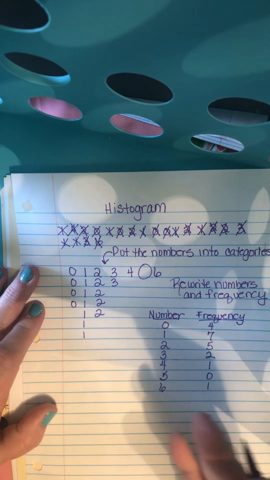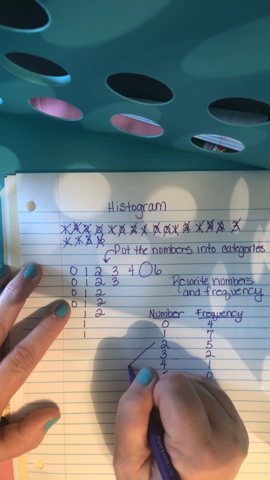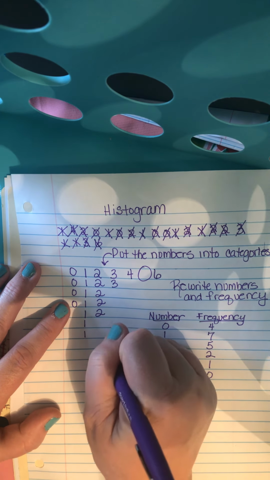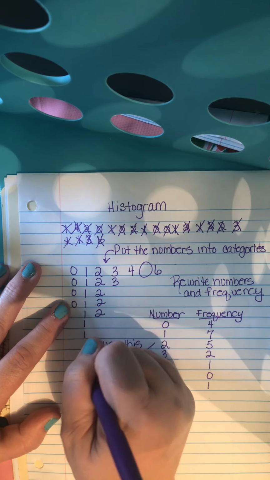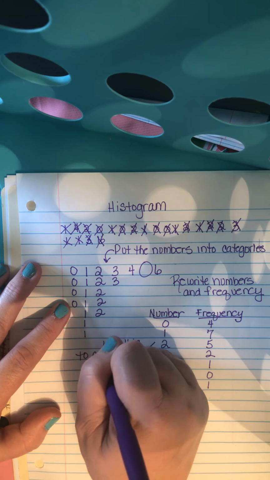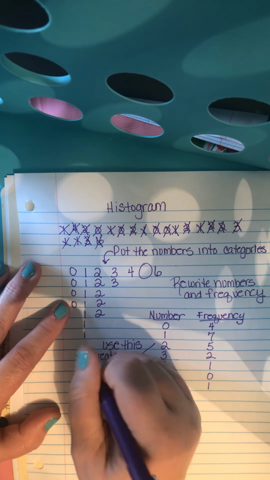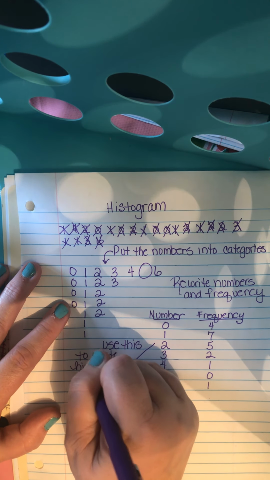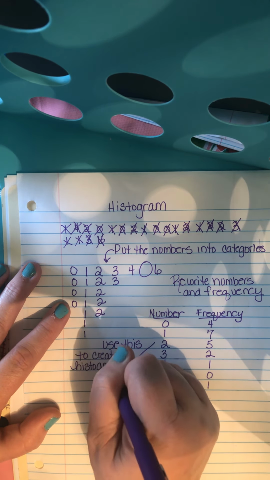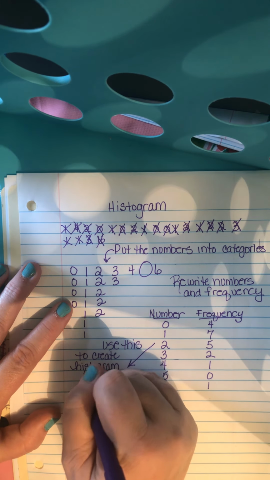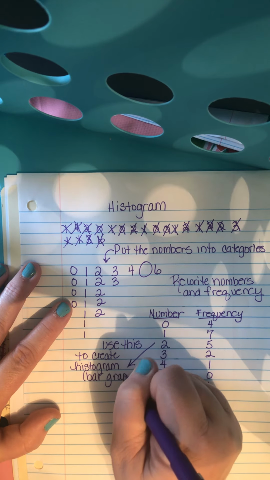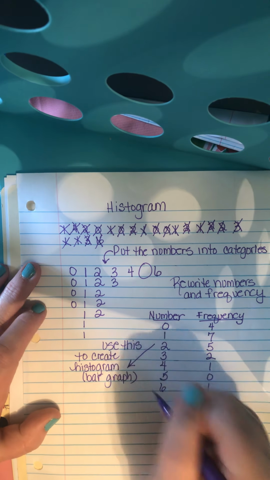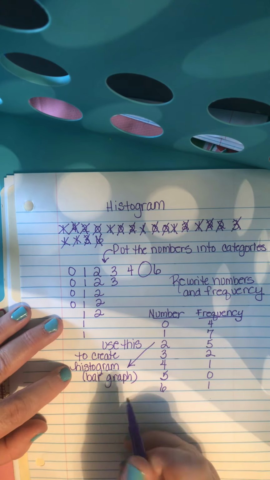Okay, so from here, I'm going to use this chart to create my histogram. And it's basically a bar graph we're going to do. Now on line paper, it's easy to do because we could use the lines to help us.